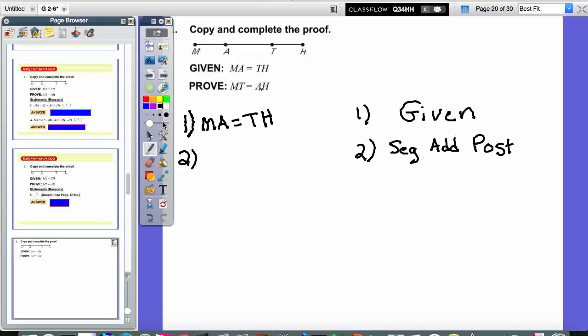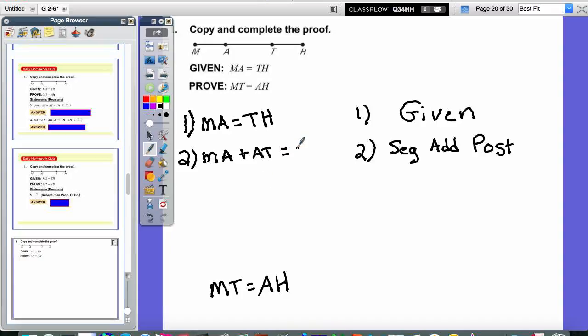So if I said that your second reason was segment addition postulate, hopefully you would be able to then say, okay, well, I'm going to eventually prove MT and AH. So the segments that make up MT are MA plus AT.